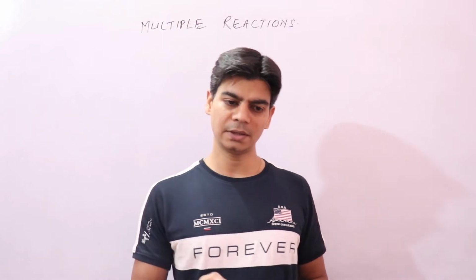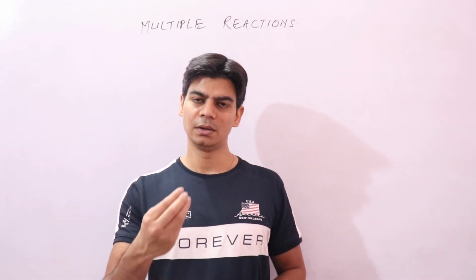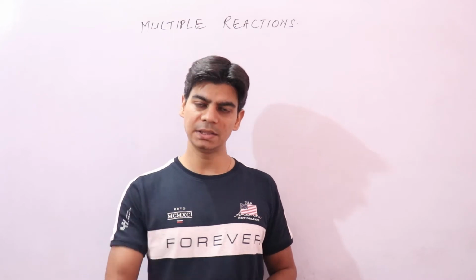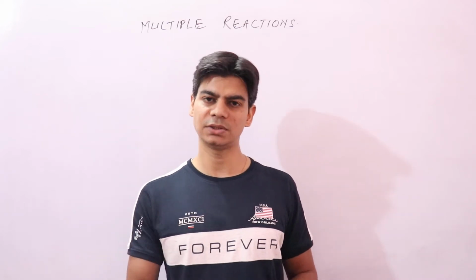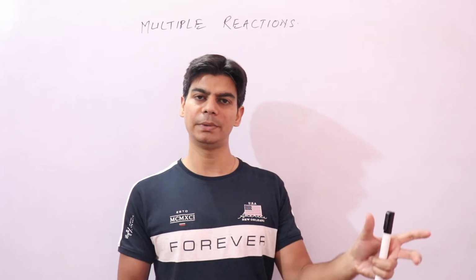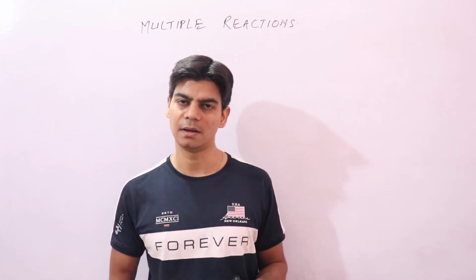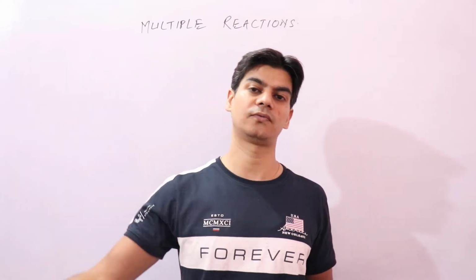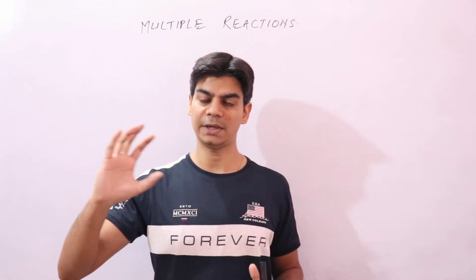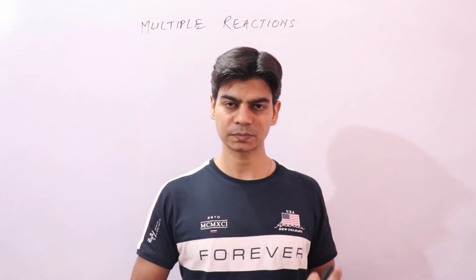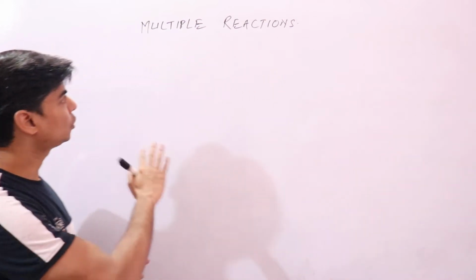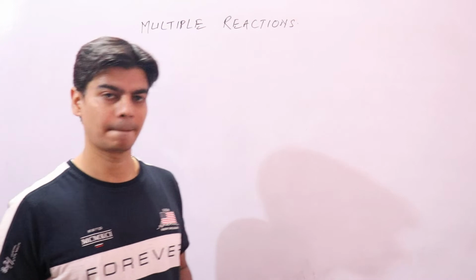There are side reactions like parallel reactions, then series reactions, and complex reactions, which are a combination of parallel and series reactions. Then there are some independent reactions that occur in the cracking of petroleum. We'll first talk about multiple reactions.